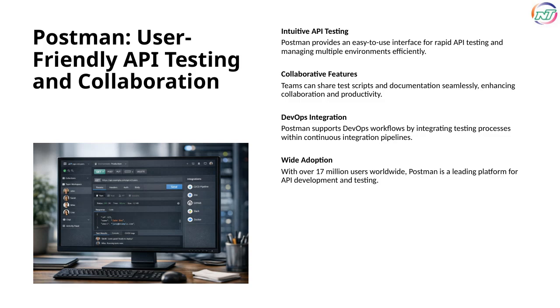Moreover, Postman integrates well with DevOps practices, fitting smoothly into CI/CD pipelines to automate and streamline testing throughout the development workflow. Given its ease of use and powerful features, it has become highly popular, with over 17 million users worldwide relying on it as a go-to platform for API development and testing.